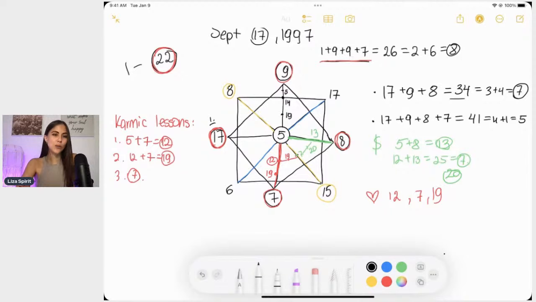17, as I said, is our outside energy. That's how other people see us, like a portrait of us, who we are to the outside world. The top one, number 9, is our mission.